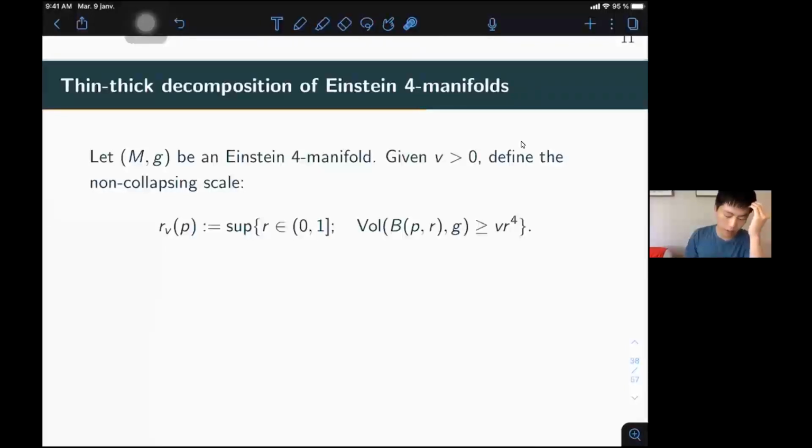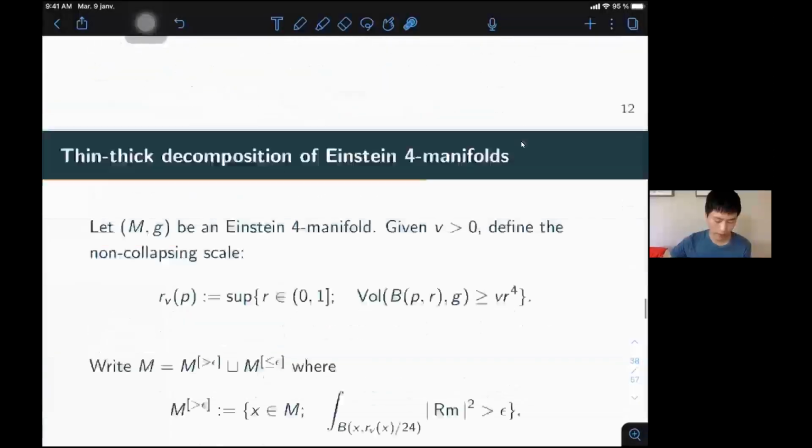The non-collapsing scale is given at any point by taking the supremum of the radius such that the volume of the ball, when you rescale and normalize it, is at least V. So V is your threshold. Once you have V, you can define this non-collapsing scale. It's just a radius that evolves continuously, right?